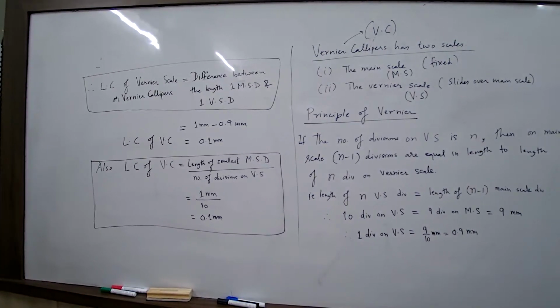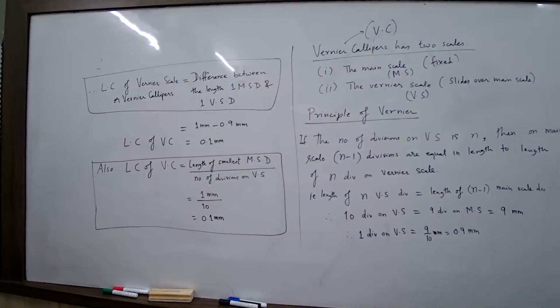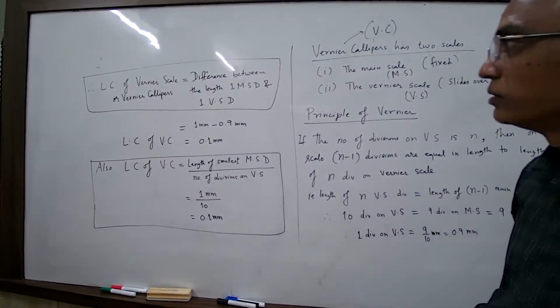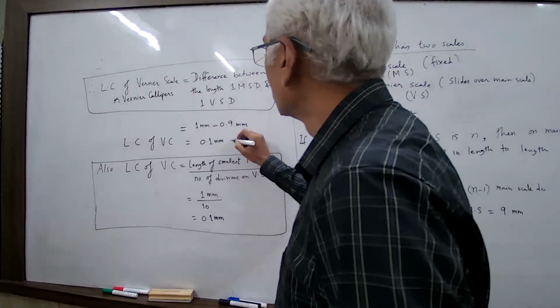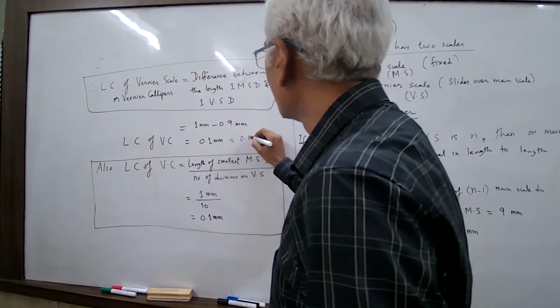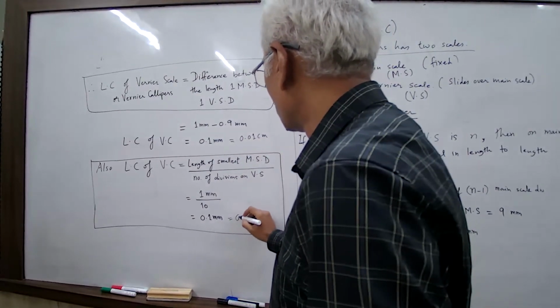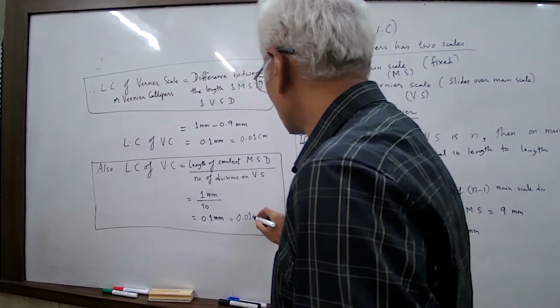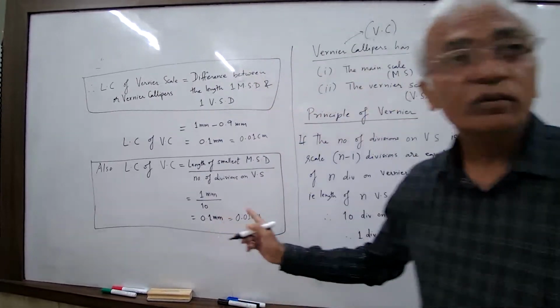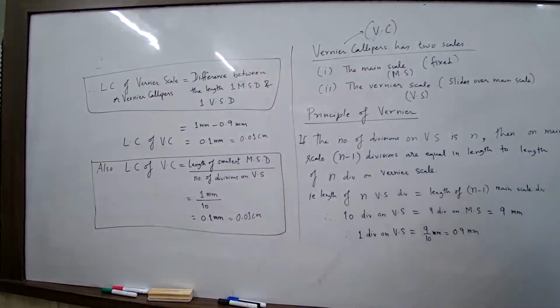Okay. So in centimeter, how much will it be? 0.01 centimeter. So this is a better measuring instrument. It can measure even smaller lengths.